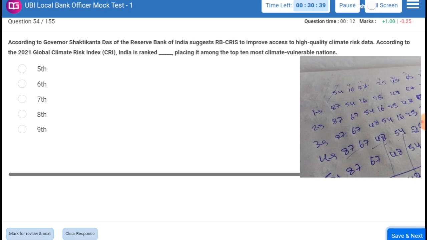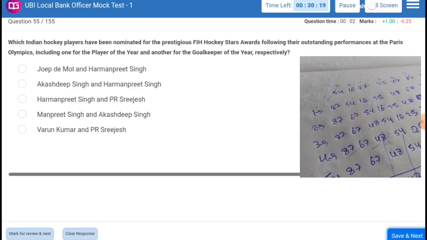According to Governor Shaktikanta Das of the Reserve Bank of India, according to the 2021 Global Climate Risk Index, India is ranked placing it among the top 10 most climate vulnerable nations. I think 6th or 9th. I think 7th. I have doubt on 6th, 9th, 7th.